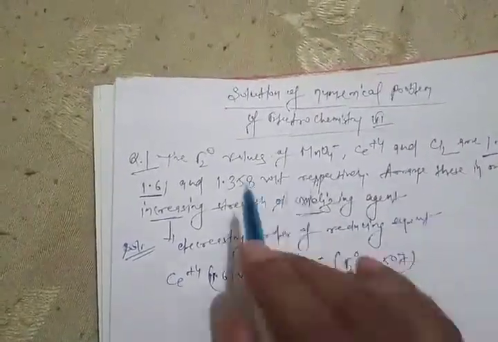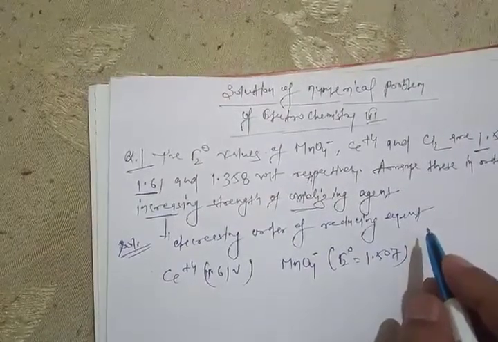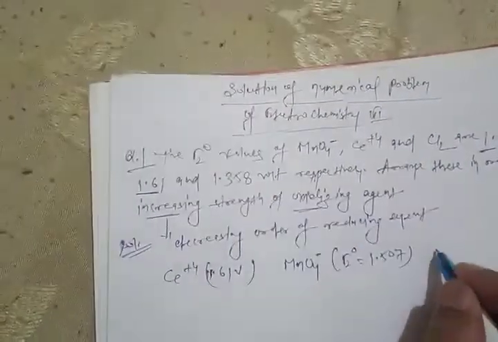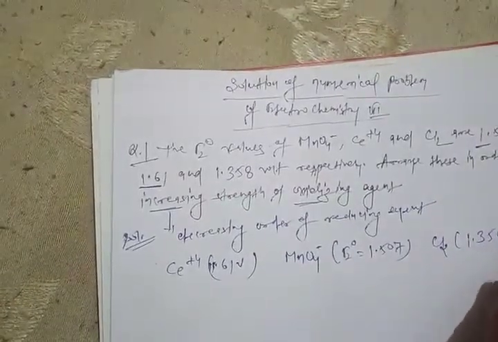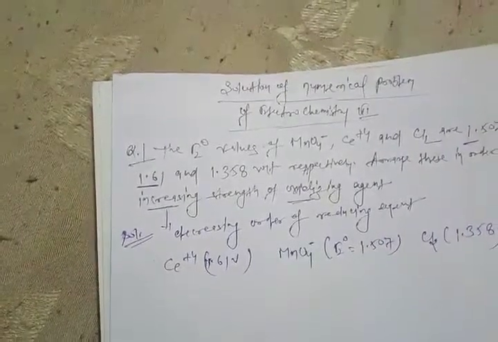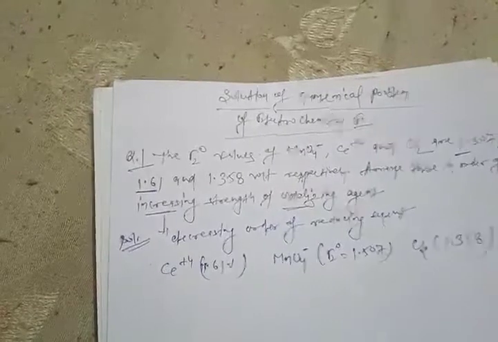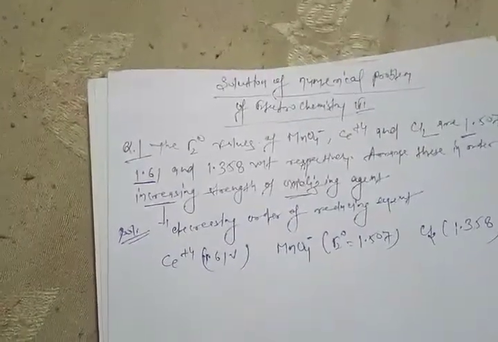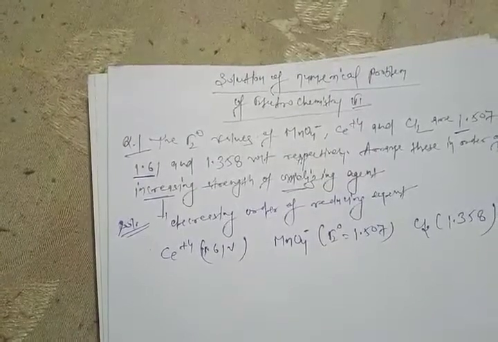And the third, the least one, is chlorine, Cl2, which is 1.358. Now we know that the least value is for reducing character.